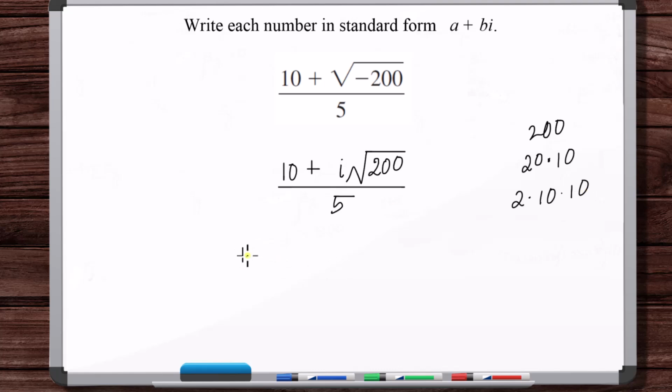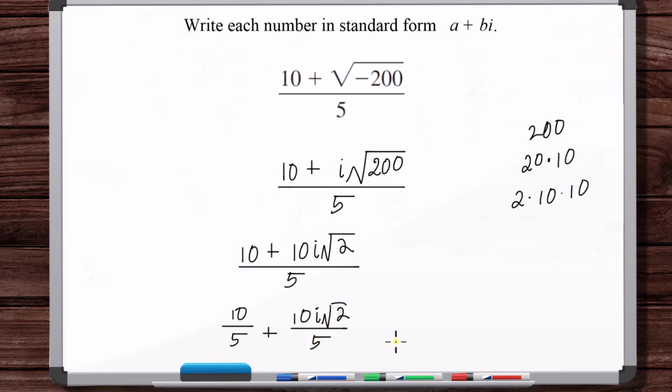So, okay, we've got 10 plus 10i root 2 over 5. Okay, do we stop here? That looks pretty nice. It's one fraction. No. Separate it into two separate numbers. So this is 2 plus 2i root 2.